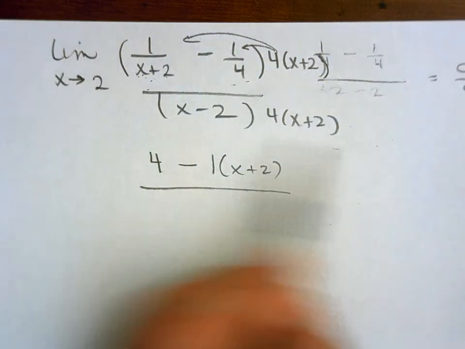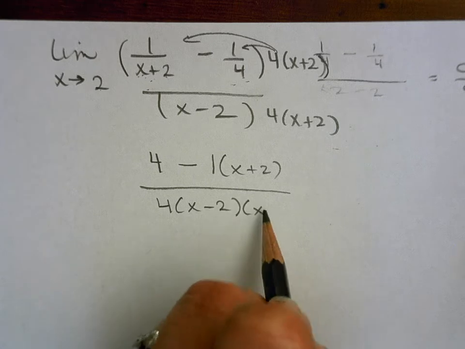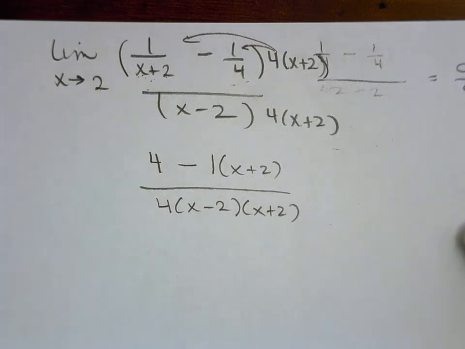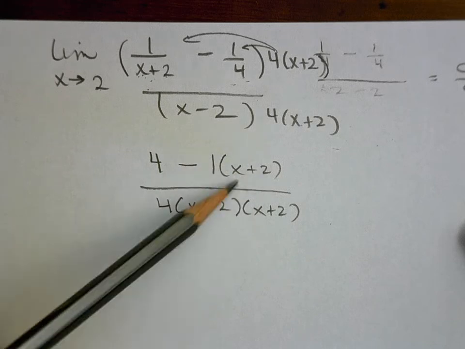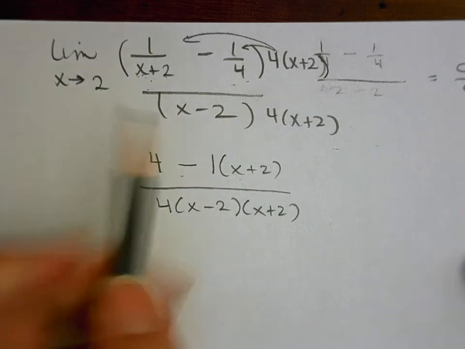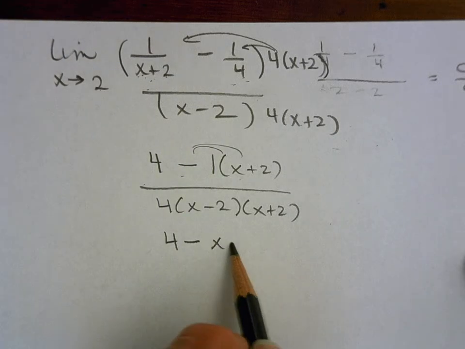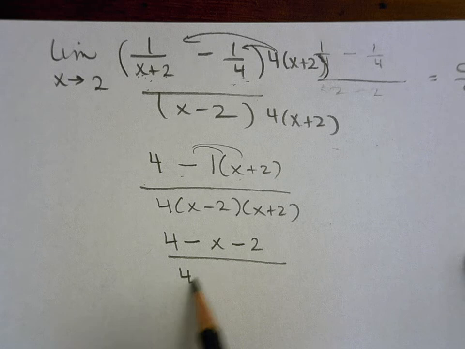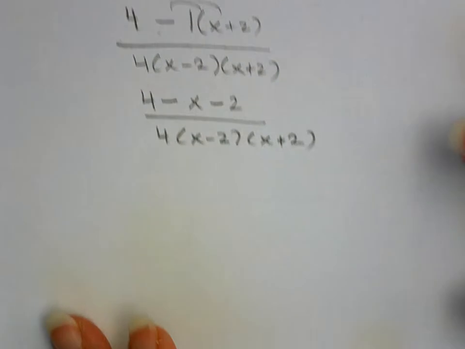And then I don't want to distribute the bottom, but I'm going to put it in the correct order though, meaning the 4 first. So I cannot reduce these, right? Because this is not a factor of 4, it's subtracting. So I'm going to distribute the -1 in, and then combine like terms.